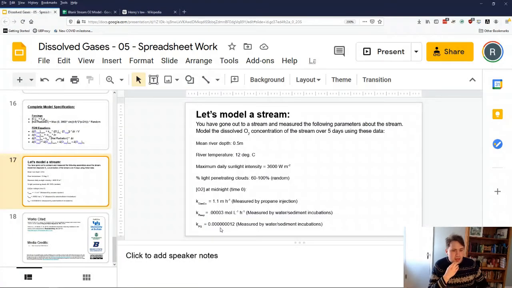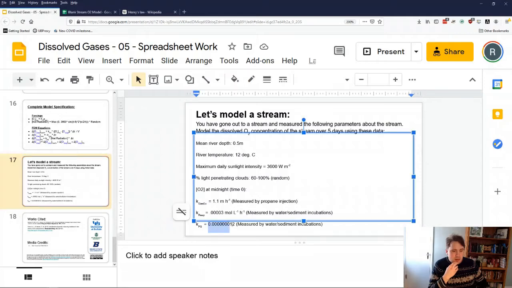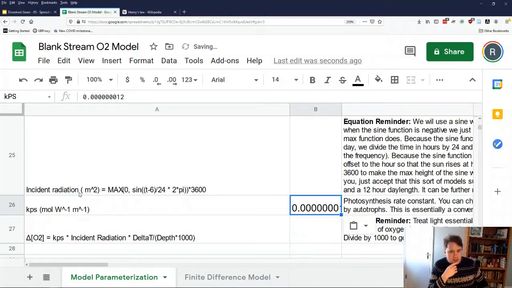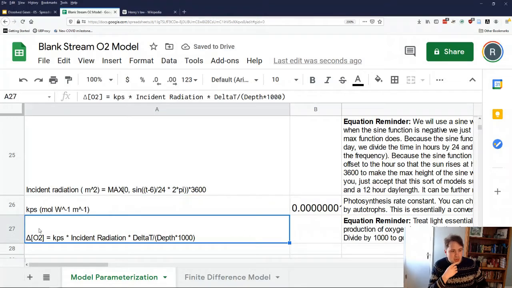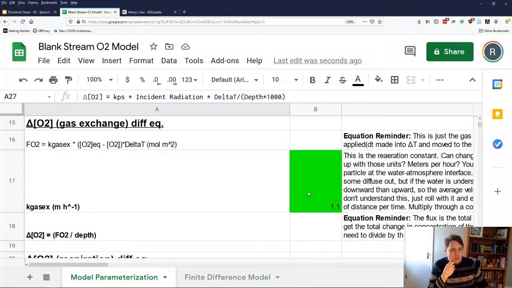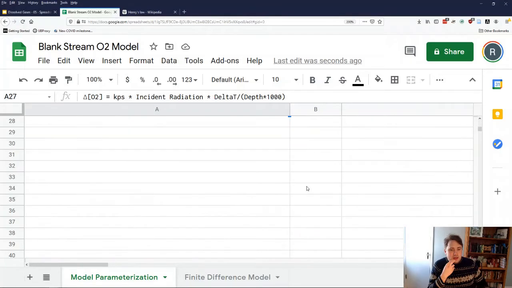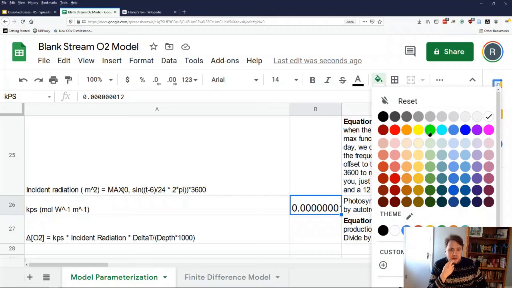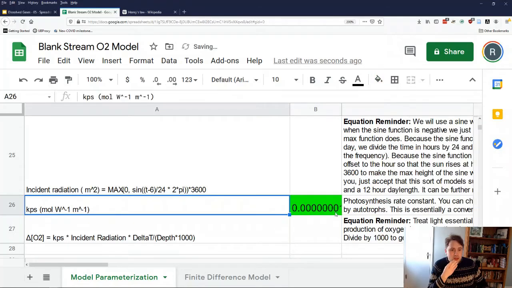And so that number that we came up with is this number right here. So let's plug that into the equation. And again, this is a finite difference approximation that we're going to use. And so now we've put in all of our parameter values in different slots. And I'm going to fill that with green, because that is something that you can change.